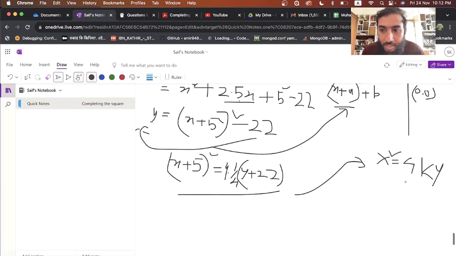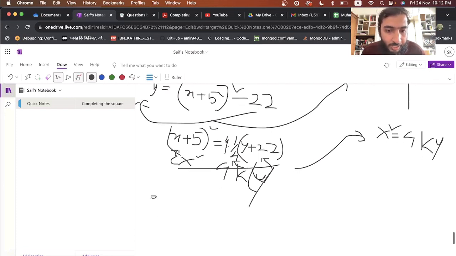I've already changed it into the form where x square is 4 into a constant, which is 1 by 4, into y, where y represents y plus 22 and x represents x plus 5.